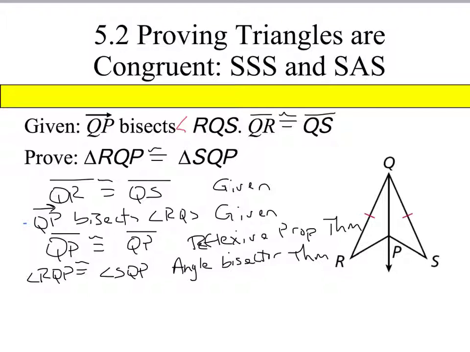Because of what we know about angle bisectors, it cuts that right in half. So now I have two sides and the included angle. Triangle RQP is congruent to triangle SQP because of our SAS theorem.